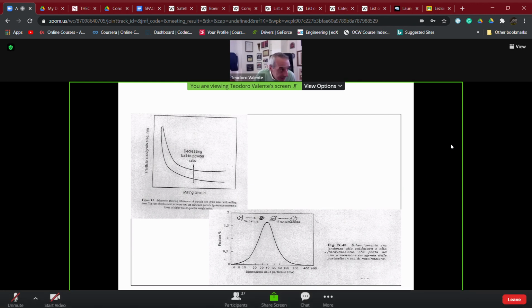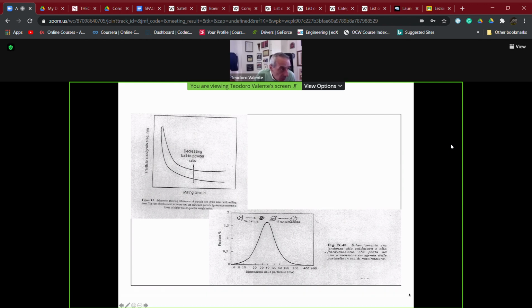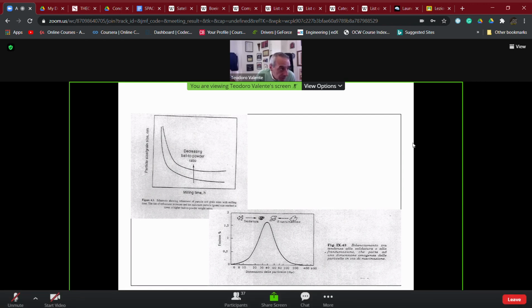But at the same time, when we break a powder, we expose polished surfaces of the powder itself. And then with other impacts, which put together polished surfaces, welding phenomena can occur.